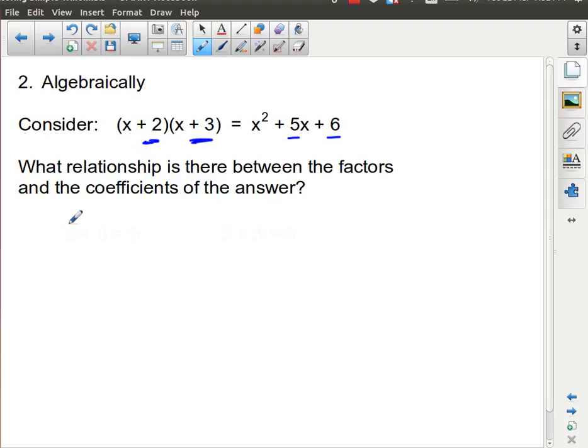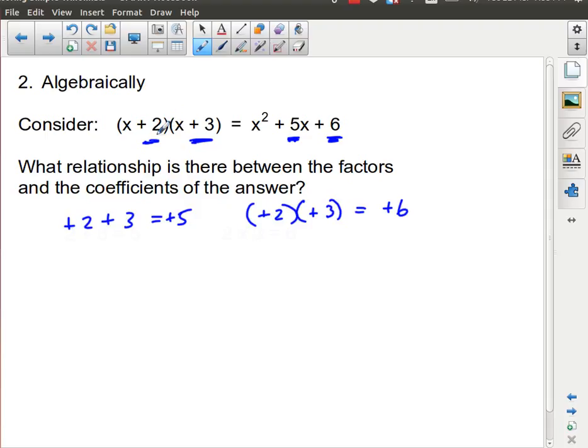Well, +2 plus +3 is equal to +5. And +2 multiplied by +3 is equal to +6. So these two numbers, when they add together, give me this +5. And these two numbers, when they multiply together, give me this +6.